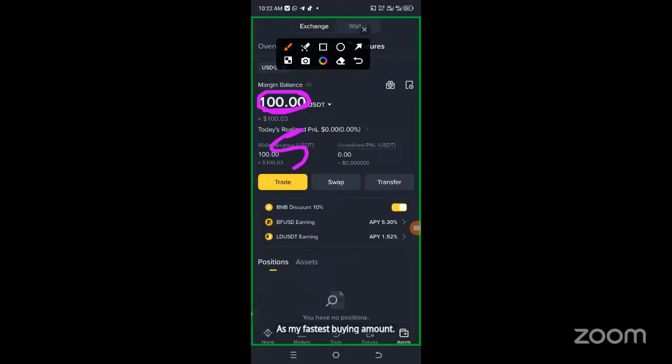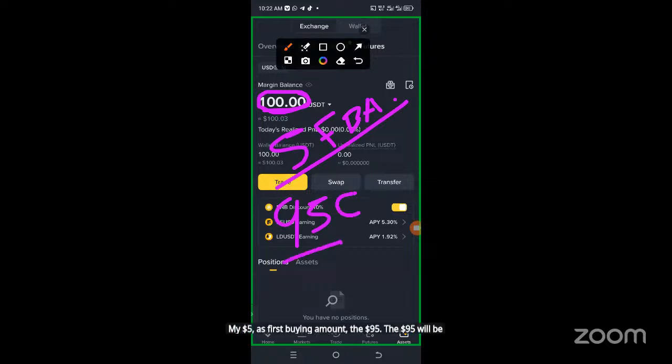Then after my $5 as first buying amount, the $95 will be covered in margin calls.